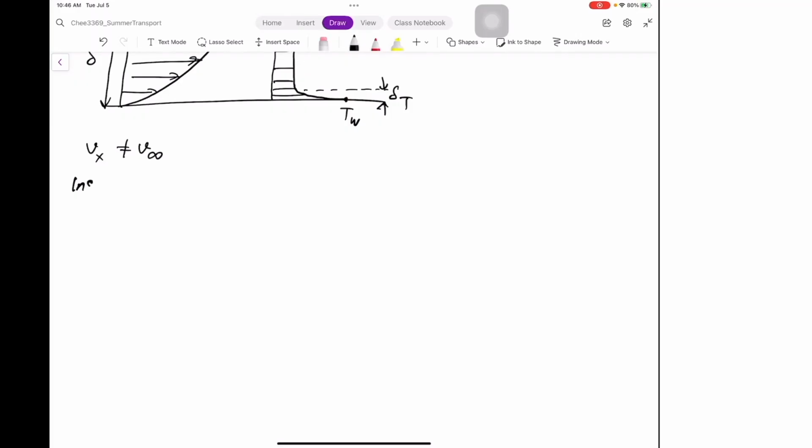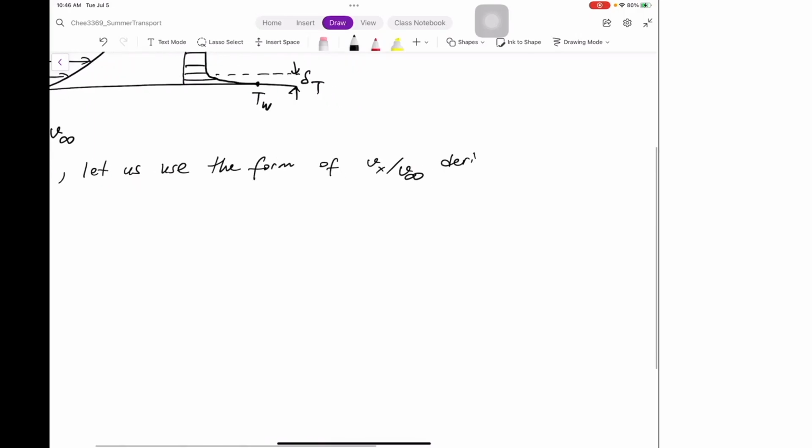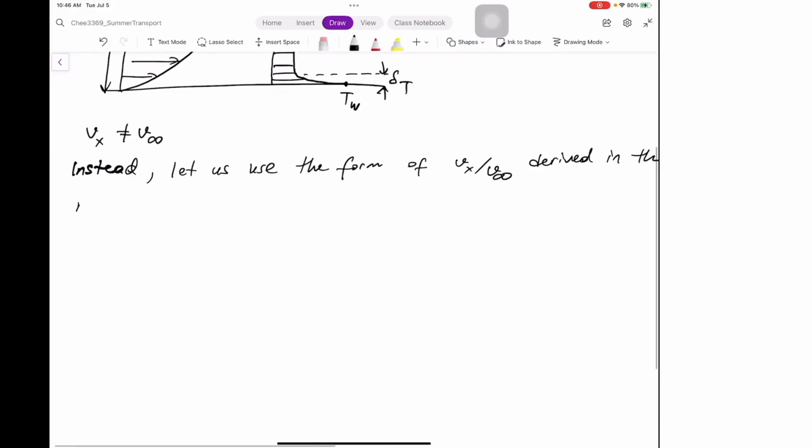So instead, let us use the form of Vx over V infinity derived in the momentum integral method. I mean the following.